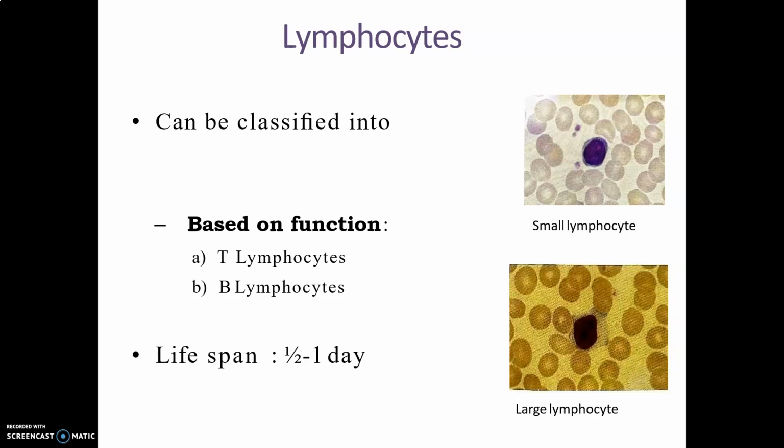T helper cells help in the stimulation of the B lymphocytes, and T memory cells are stored in the body so that next time if the same antigen attacks, they can be easily recognized. B lymphocytes, once they are stimulated by the T helper cells, help in releasing the antibodies. The lifespan of lymphocytes is about half to 1 day.